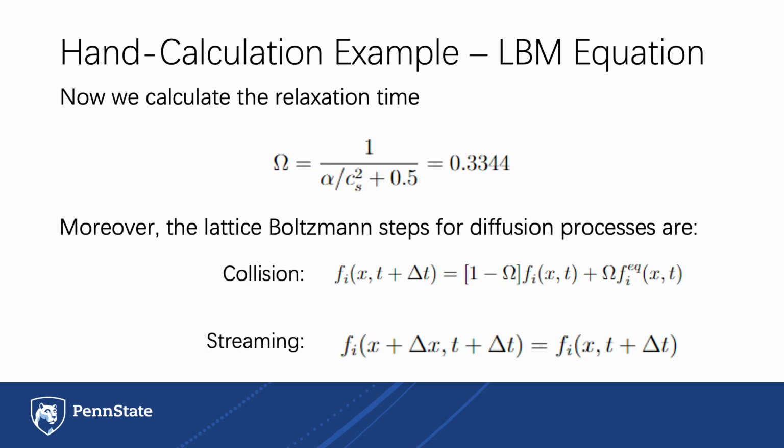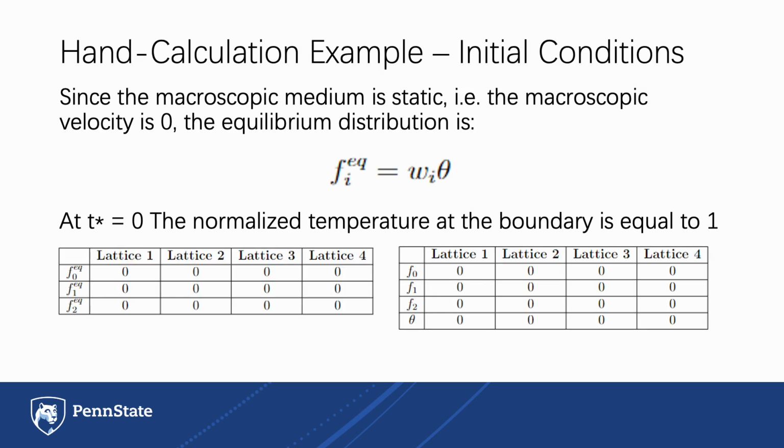Now with the thermal diffusivity, we calculate the relaxation time omega, and we have our equations for the diffusion processes, which are the one for collision and the one for streaming. However, since the temperature is scaled, the theta, which is the normalized temperature, is equal to 0.